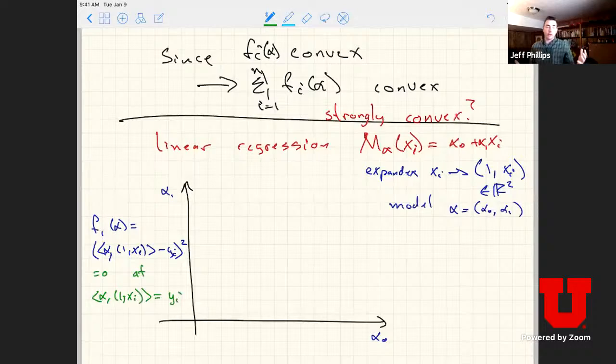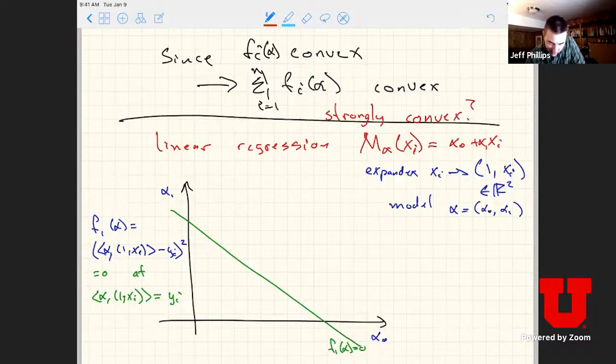That's where it's going to be equal to 0. And where's the dot product with the vector 1, xi equal to yi? That's going to be a line. So this is where f1 of alpha equals 0, on some line here.